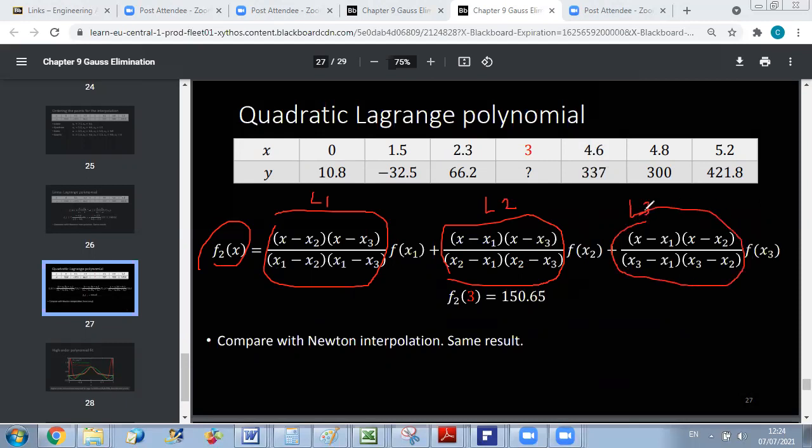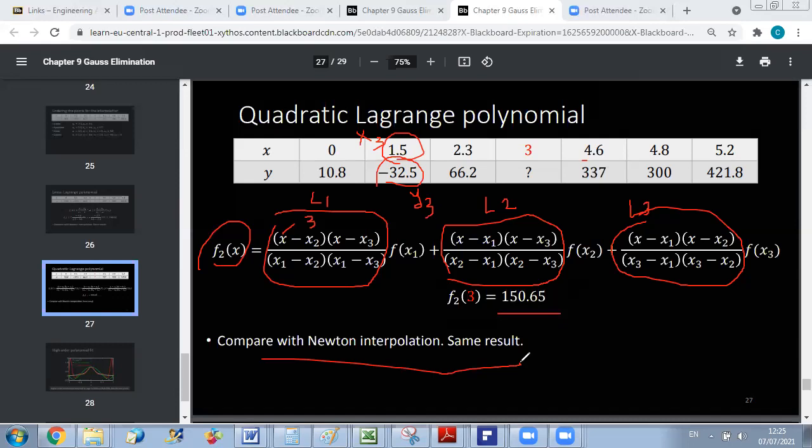This will be my x3, and this is my y3. So what I have to do is replace the numbers, and I replace x in the expression by 3 because I am interested in finding f of x at point 3. So f2 of 3 will be 150.65. Again, it's exactly the same result I got with Newton interpolation.